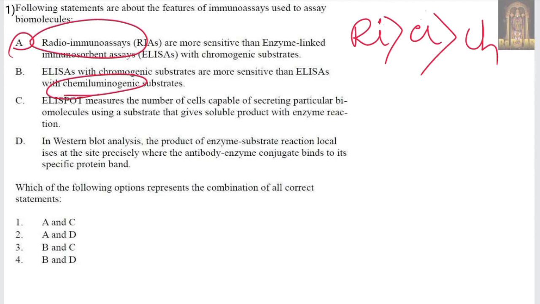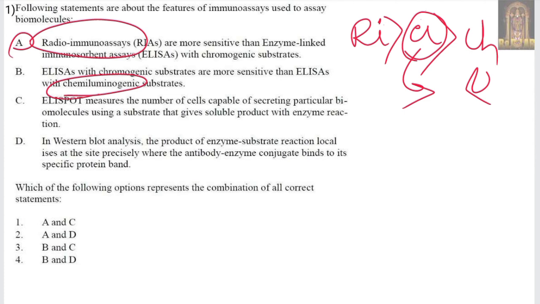See, in the case of chemiluminescent substrate, you can see it is emitting light, but in that case, it is just changing in color. It is producing some color. That means it is very much clear that this kind of things are very efficient to detect the target.